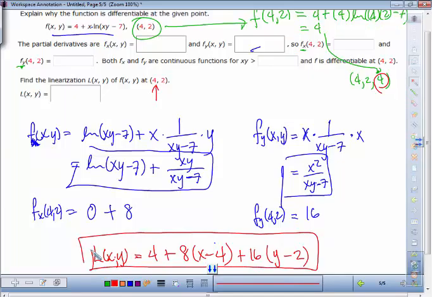And the idea behind this is that if you were to put values that are near 4, 2 into this original equation and you didn't have a calculator, that would be hard to compute. So this is really important for those old days where we didn't have calculators.